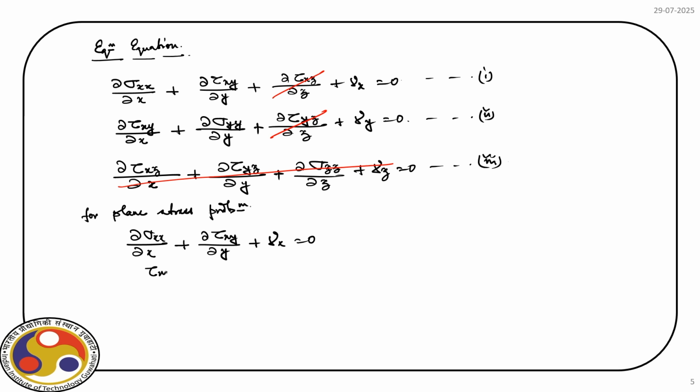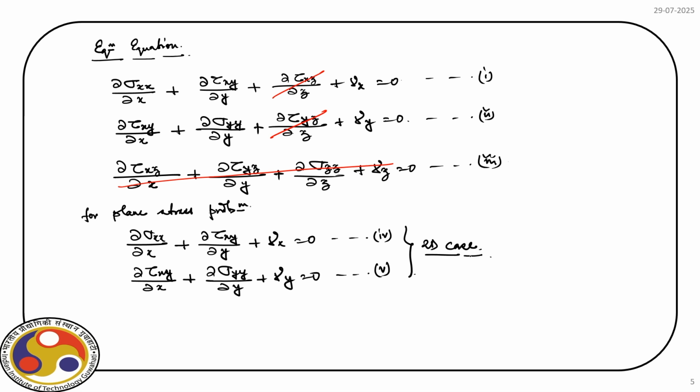Then tau xy differentiated with respect to x plus sigma yy differentiated with respect to y plus gamma y is equal to 0. So, these are the two equations, say 4 and 5. These two equations are for the 2D case as we have in case of plane stress problem.